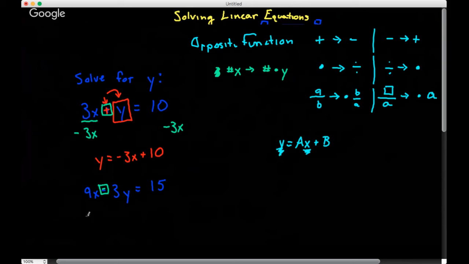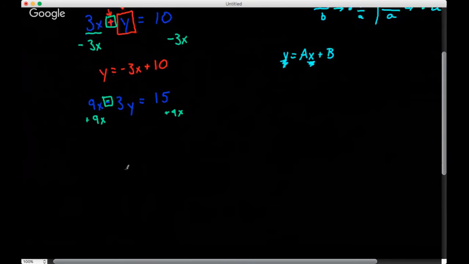So you have subtraction here, so the opposite function of that is going to be addition, so you're going to add the 9x to both sides, okay? So that would give you a negative 3y equals 9x plus 15. Okay, remember that you write it in this format.